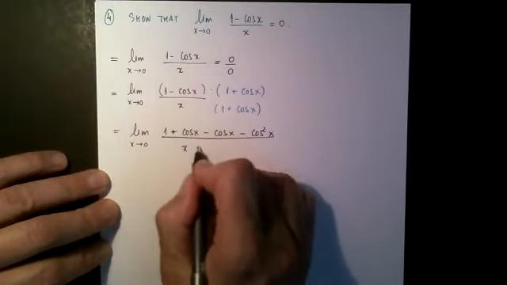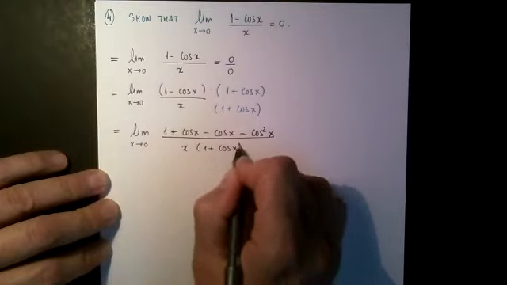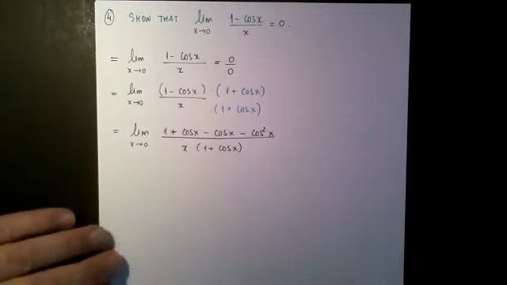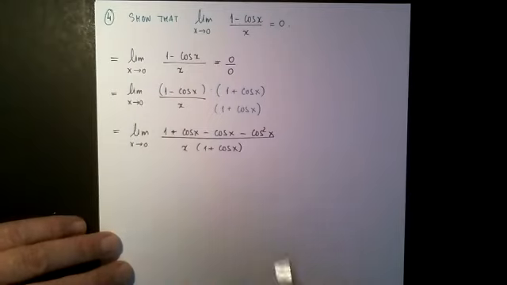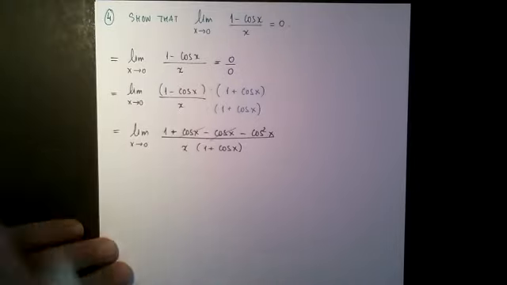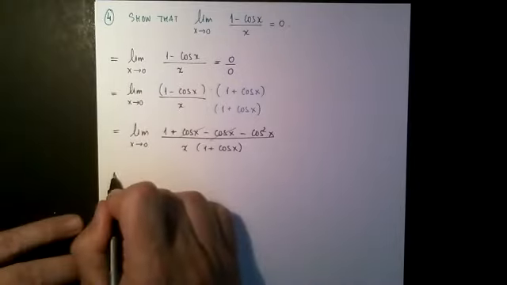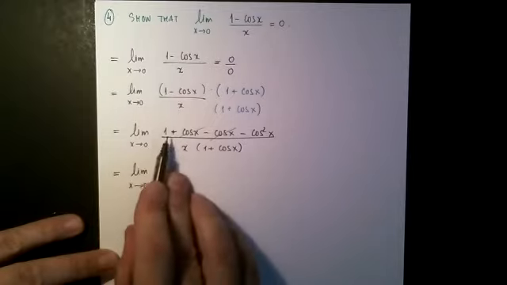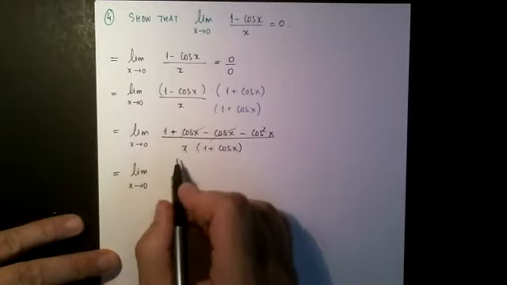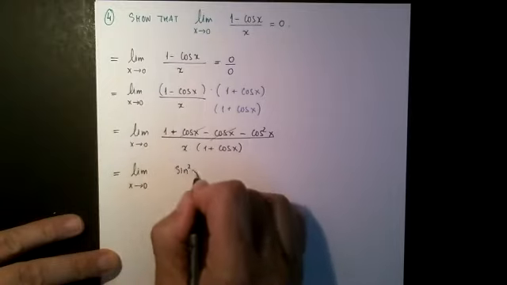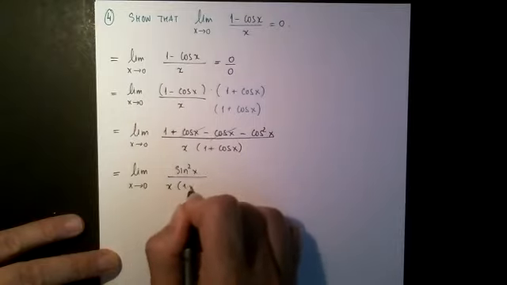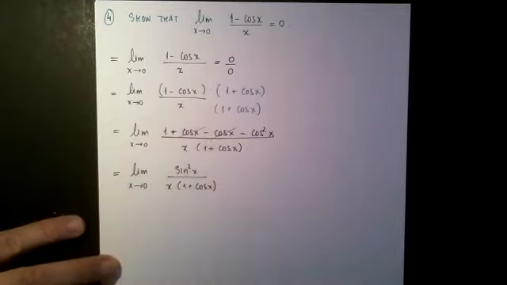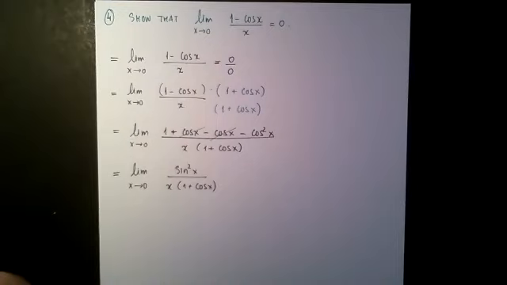And on the bottom I have x times (1 plus cos x). The cos x terms cancel out. So on top, I'm left with 1 minus cos squared x, which is sine squared x. Good?